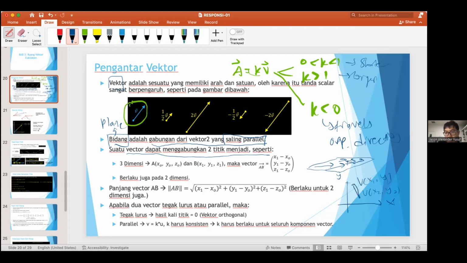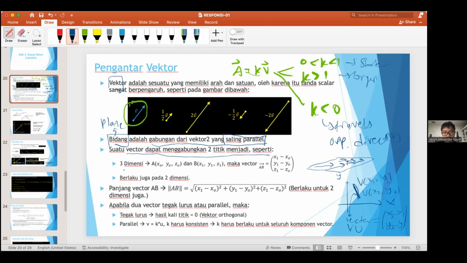I can connect these 2 points together with a line, and this line can become a vector. That vector depends on the direction. So let's say V to U, it will be x2 minus x1 and y2 minus y1. This is the vector.